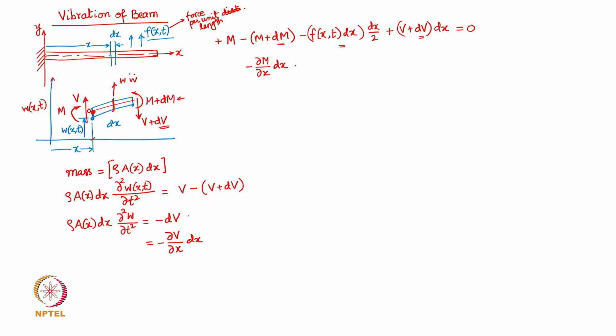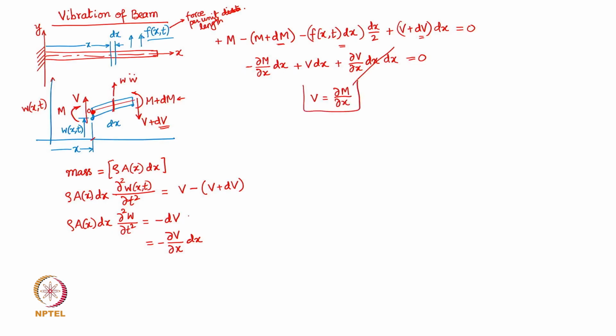On similar lines, I can write this as V dx, and I can write this dV as dou V by dou x dx, since it is again going to get multiplied by dx, I can also ignore this particular term, and then what I am left with is the expression V is equal to dou M by dou x.